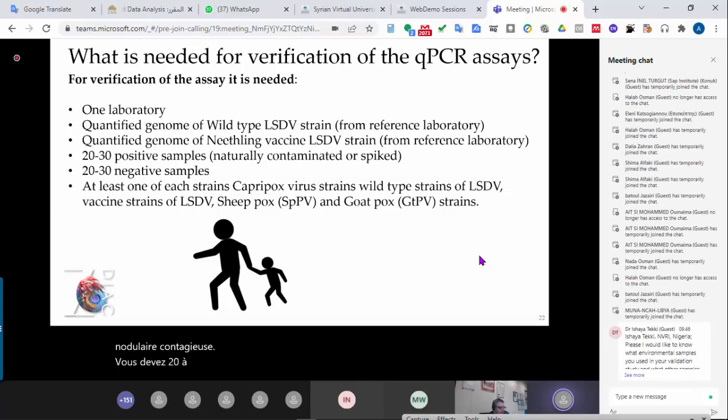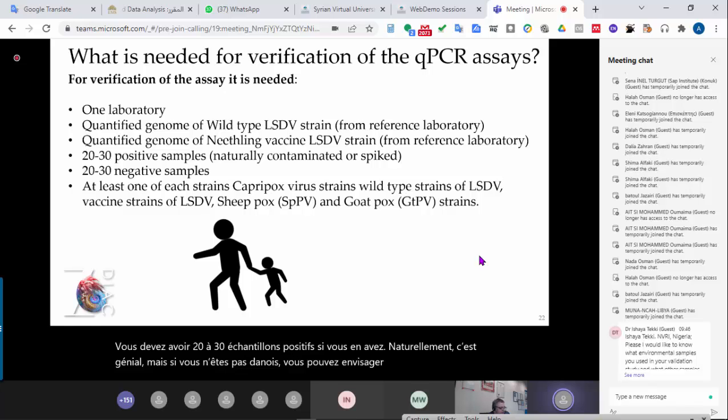If you have it naturally, it's great, but if you do not, then you can consider spiking of samples. You need 20 to 30 negative samples, and you need at least one of each strain of capripox viruses, like sheeppox and goatpox, to include in your specificity study.